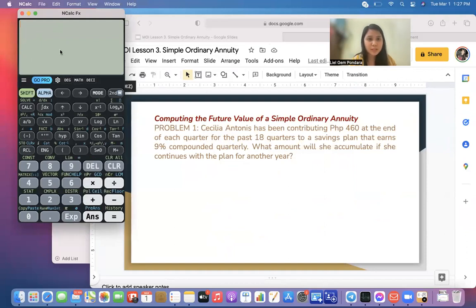Yes, ma'am. Okay. This is an example of a 4-line calculator. I'm telling you, when you press A over B, it will give you the fraction. So we have 460 times 1 plus 0.0225 to the power of N, 22, minus 1 all over 0.0225.